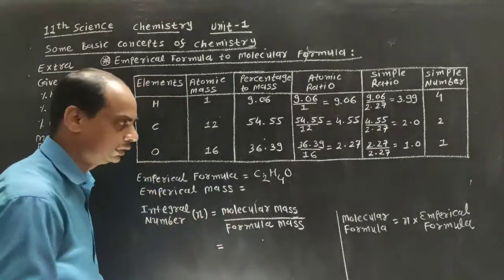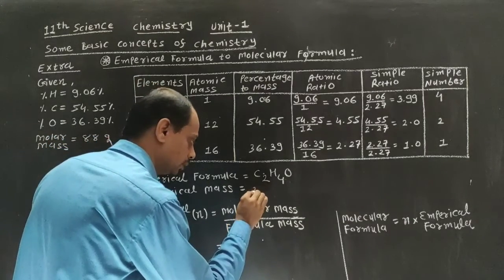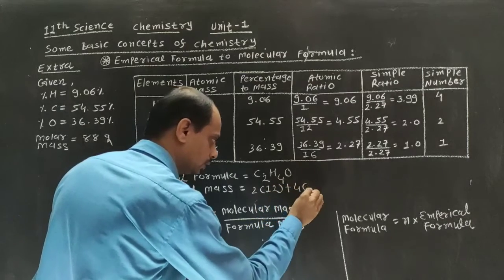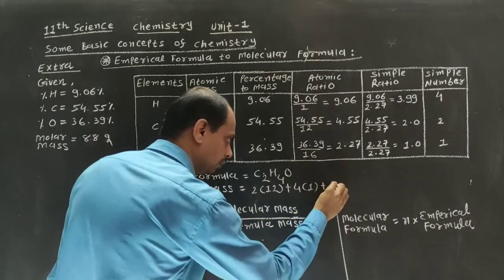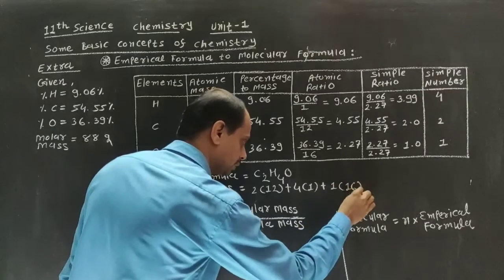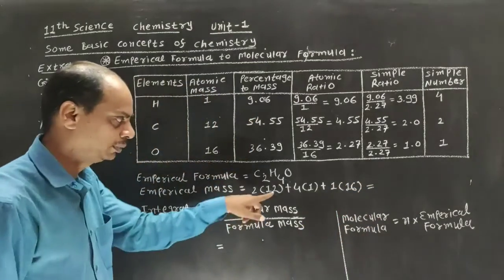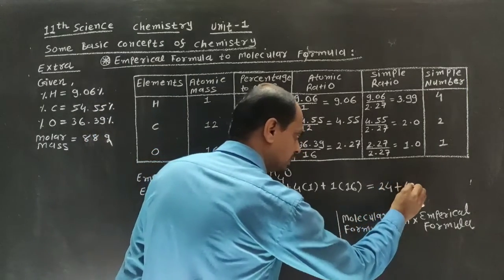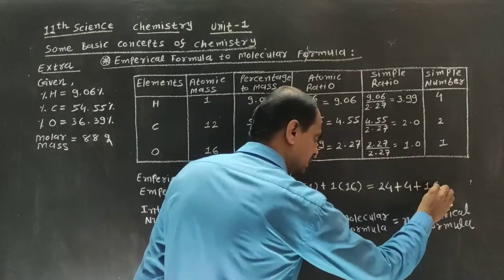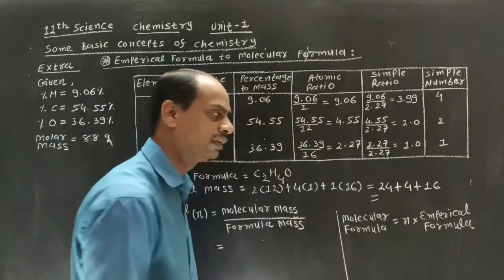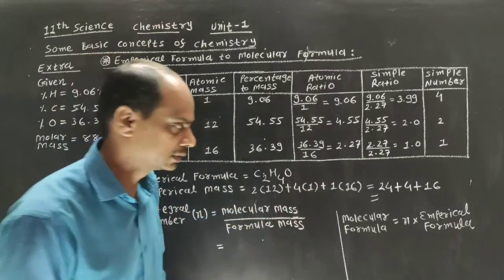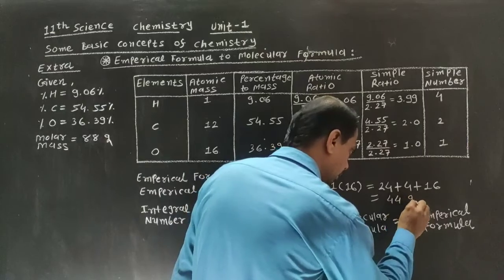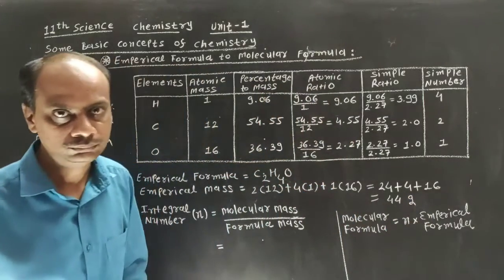We have 2 carbon atoms, so here 2 into 12, plus 4 hydrogen into 1, plus 1 oxygen into 16. Simplify this one: 2 twelves are 24, 4 ones are 4, and 1 sixteen is 16. So what is our answer now? Make a total of all this. Our answer is going to become 44 and the unit is gram.